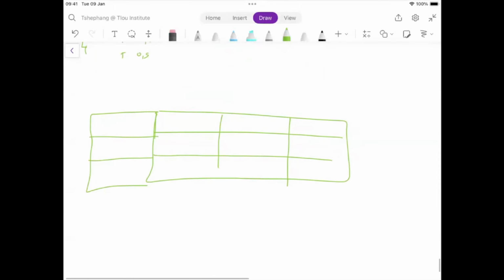Let's say we have male here, and then we have female. Here on the right hand side, we're going to have a total. Now this will be condition 1, and this will be condition 2, and then this will also be your totals. That's what a contingency table looks like.